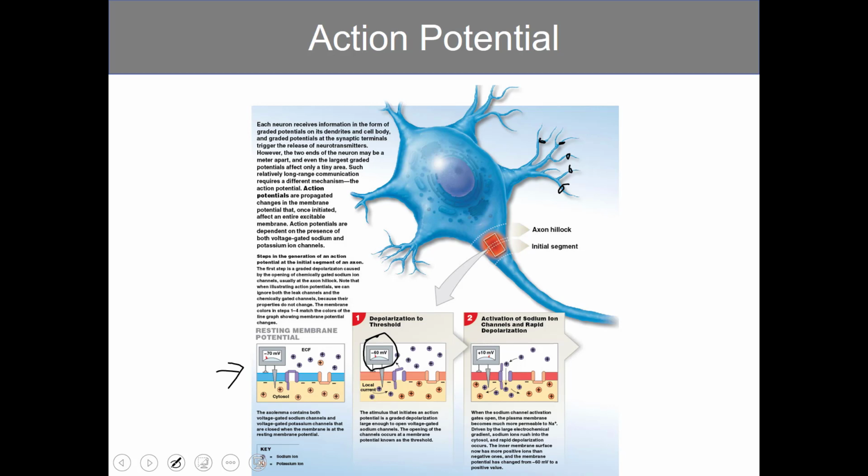As soon as these ion channels open, you're going to get an influx of sodium ions driven by, again, the chemical gradient and the electrical gradient. And as sodium floods in, you depolarize that cell membrane. And you can see here we're even depolarized all the way up to positive 10 millivolts.